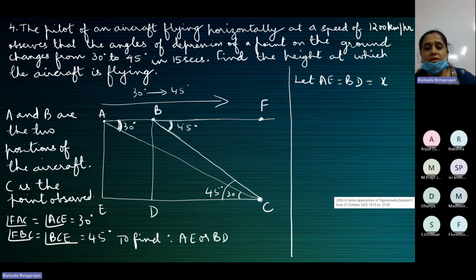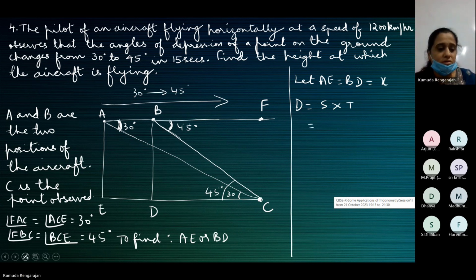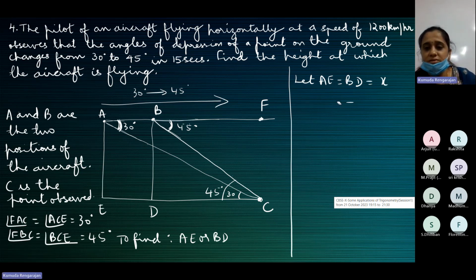So we have the speed and the time there. Distance is equal to speed into time. But take care. Speed is given in kilometers per hour, but time is in seconds. So we'll convert seconds to hours.